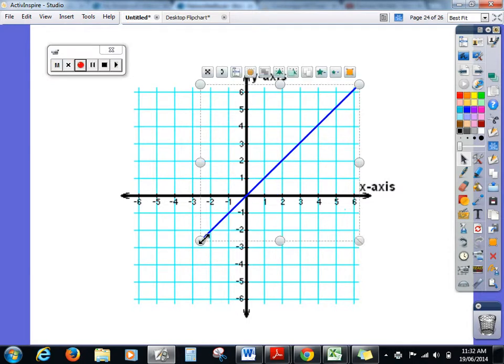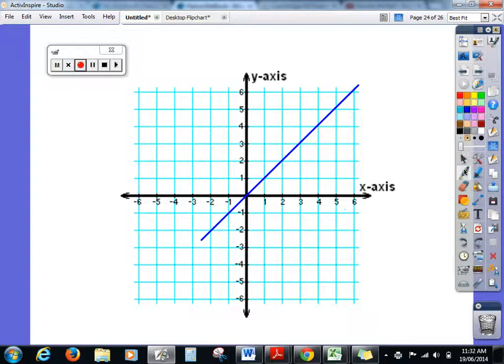That line, as you can see here, is going through (1,1), (2,2), (3,3), (4,4). We know from simple mathematics that it's making a 45-degree angle with the x-axis. But how do we measure that 45?